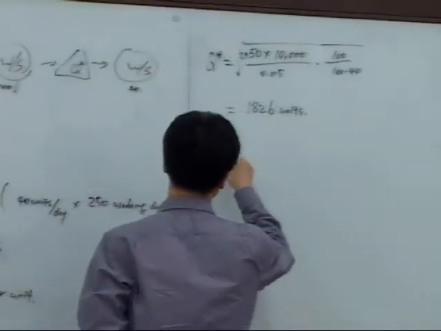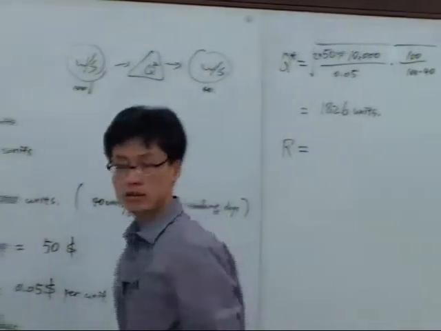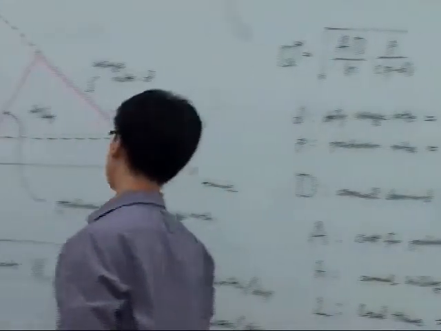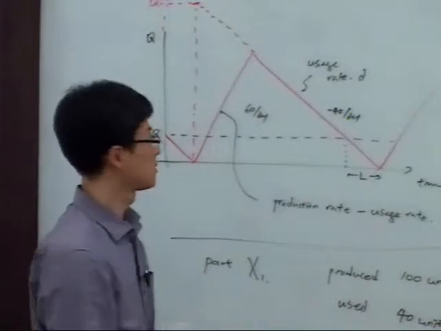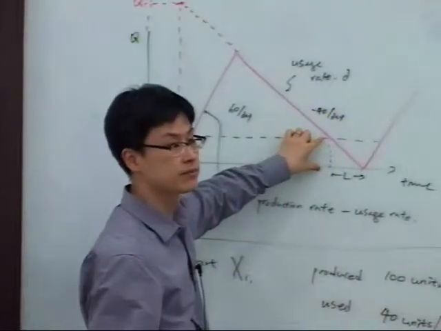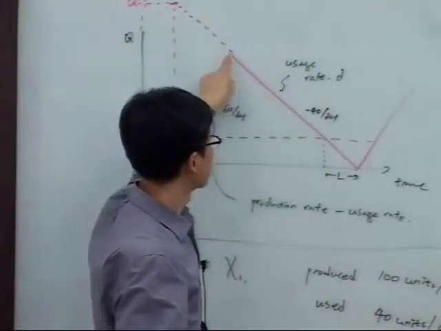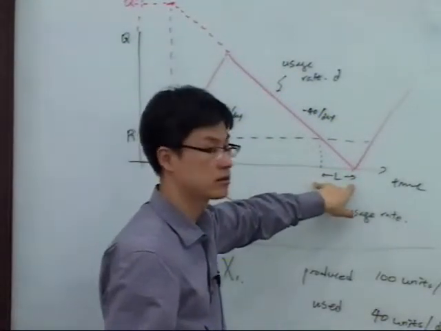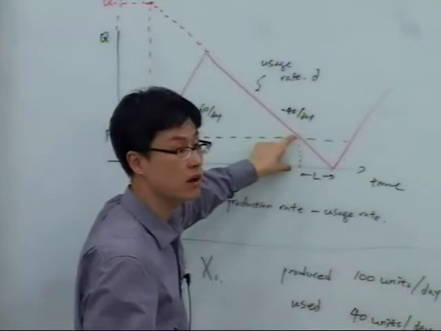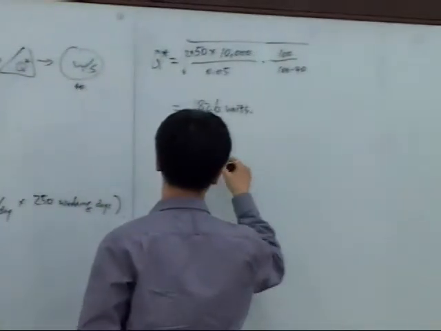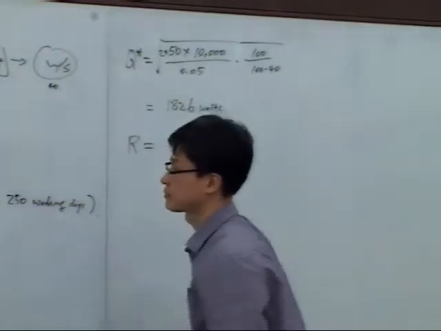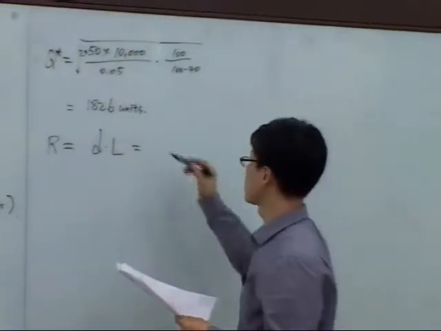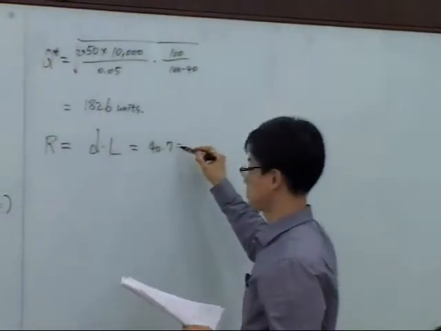And what is R then? Well, you know the slope and you know the L. Then you can calculate this R. It's nothing more than just D times L. 40 times 7.